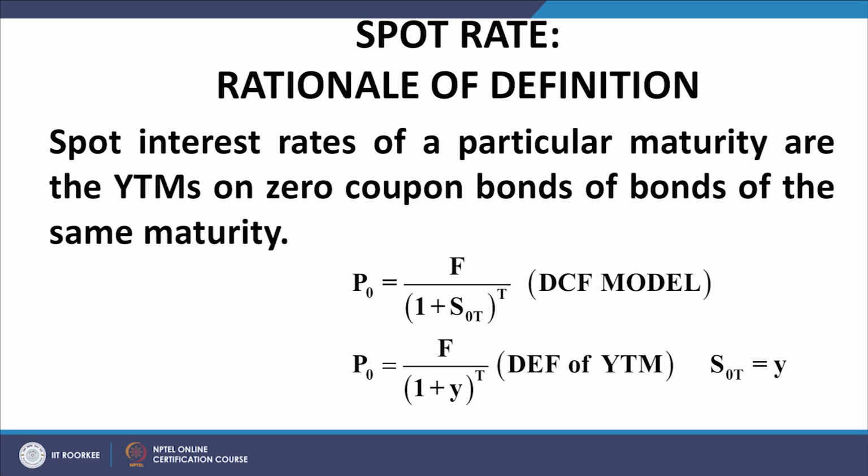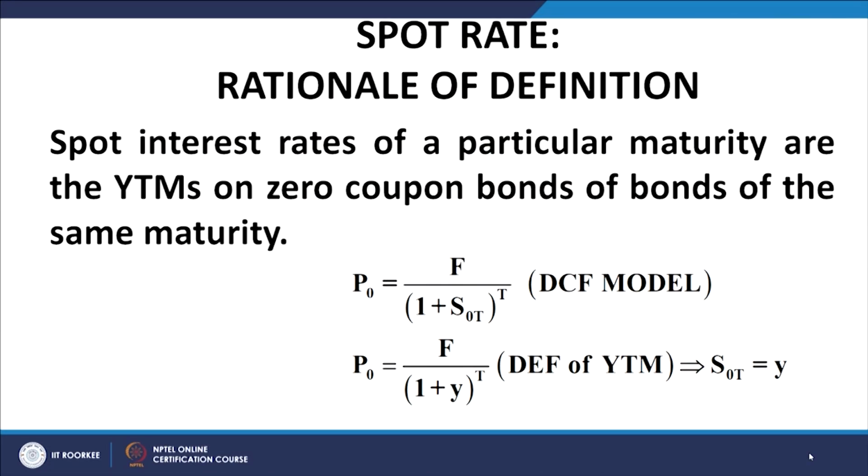It would be calculated by the upper equation that appears on your slide. F is the final value or the face value of the bond, assuming redemption at face value. S 0 t is the discount rate for a spot deposit of maturity capital T, which is the maturity of the bond, and we arrive at the current price if S 0 t is the current market interest rate.